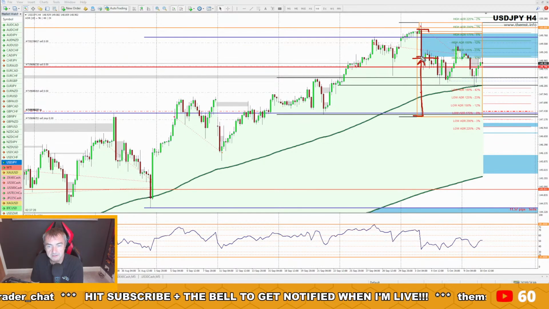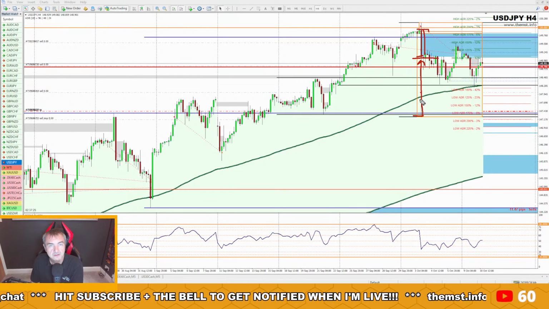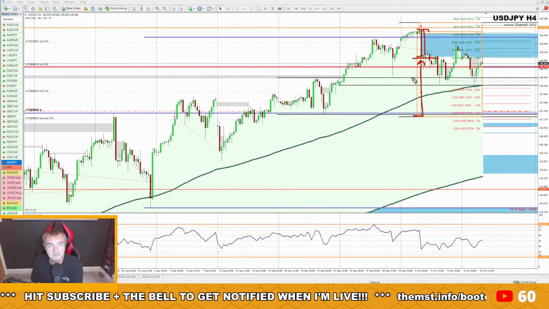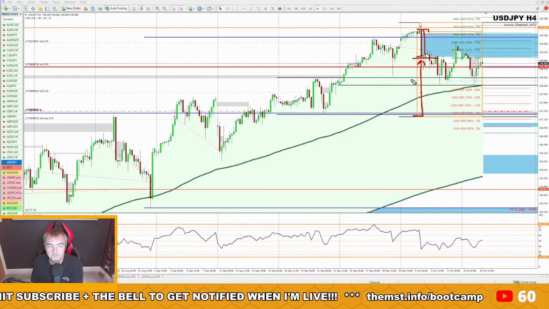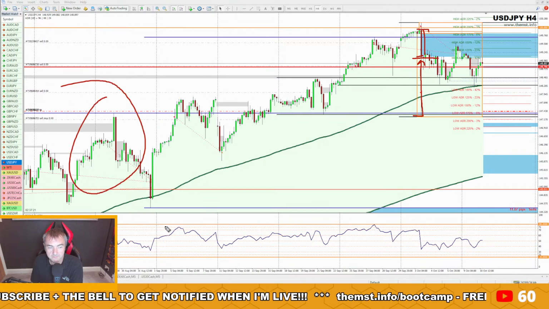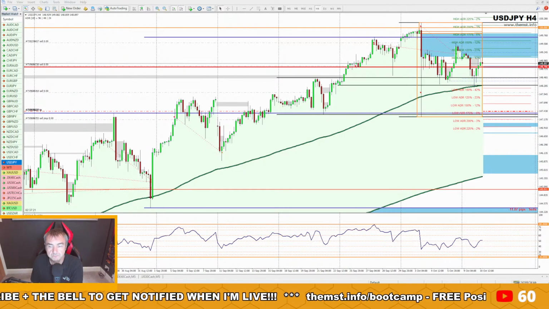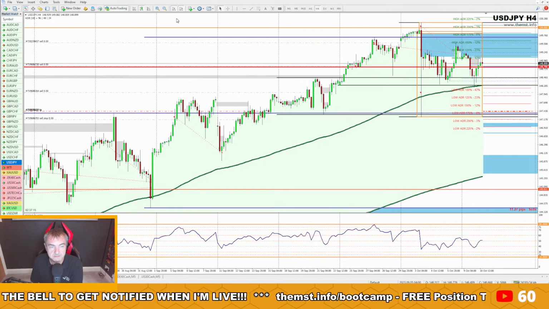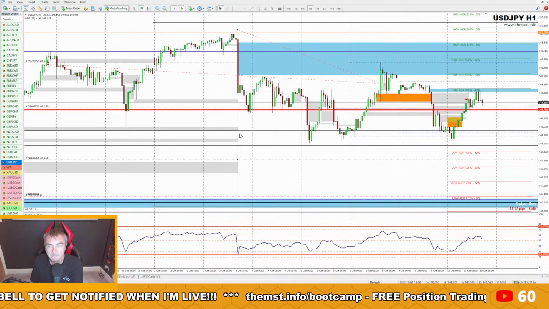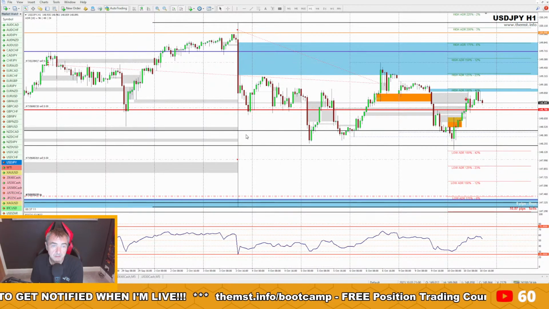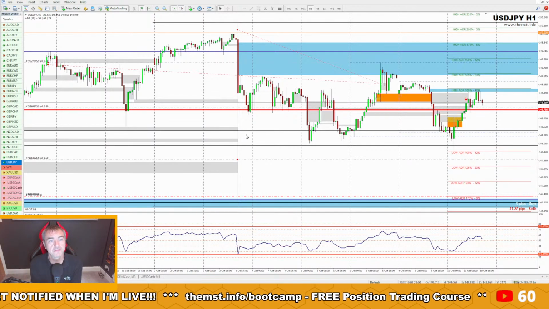And look how tiny the little bear move is. Not as strong by a long shot as what we got before. We've had stronger news events. I'm not convinced, but it's going to go one way or the other.